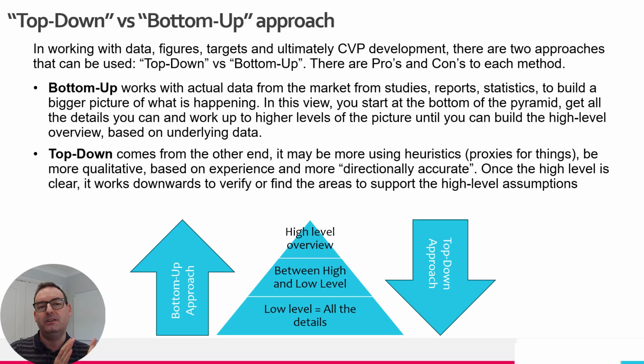The opposite is you potentially get stuck in what's called analysis paralysis. You always need more and more data to get an answer to everything. So there's sometimes a balance to be struck between these two things. So the top down comes from that side. It can be more qualitative, based on experience and based on things that are more directionally accurate.